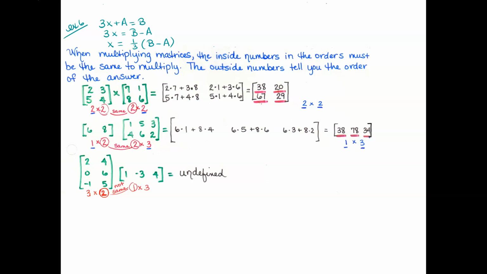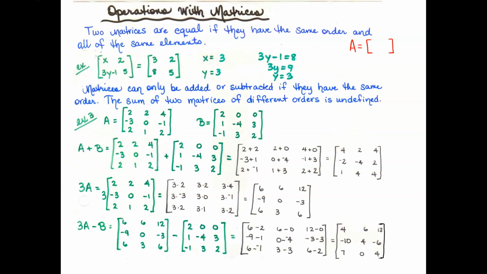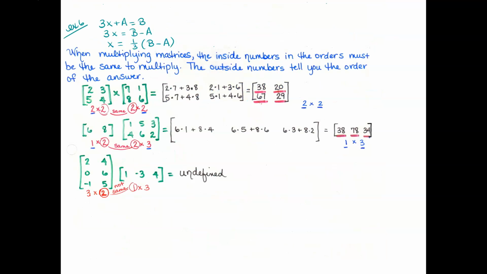And once you figure out that x is equal to 1/3 times B minus A, then you can go back and do the same kind of thing that we were doing down here with 3A minus B. Okay, so just a suggestion that might make it a little bit easier.